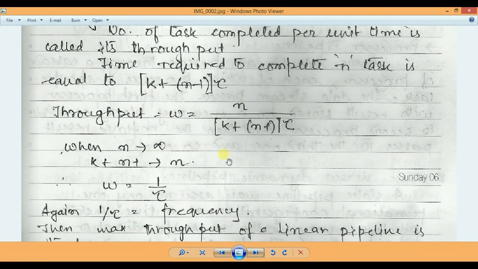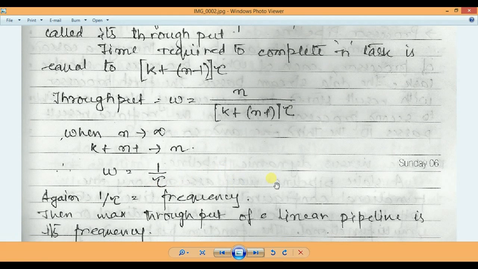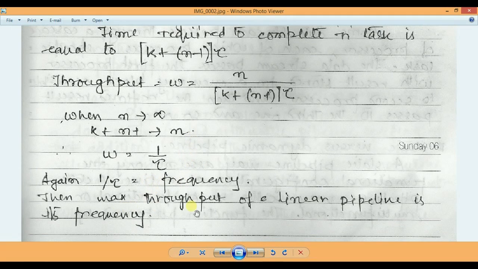When n tends to infinity, k plus n minus 1 is almost equal to n, so throughput omega equals 1 by tau. Again, 1 by tau is frequency; 1 by time period is frequency. You know that. So this is the throughput of linear pipelining.